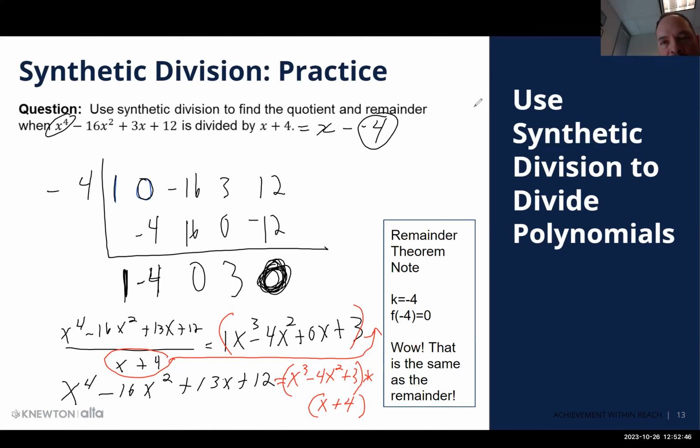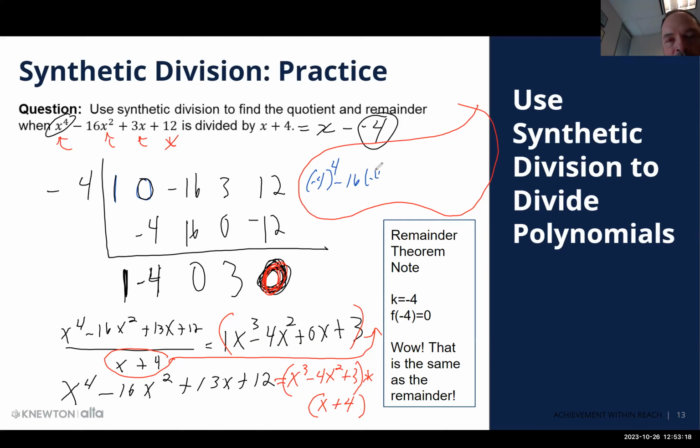Another quick result that I highlighted in a previous video is that if I plug in a -4 in here, oops, there's nowhere to plug it in there, right? You're going to find out that I get a 0. So let me see if I can do that real quick here. Let's switch the colors. Let's do blue. So it's going to be -4 to the 4th power minus 16 times -4 to the 2nd power plus 3 times -4 plus 12.